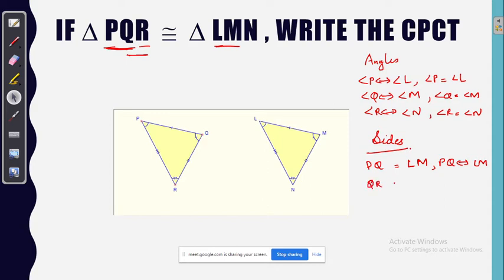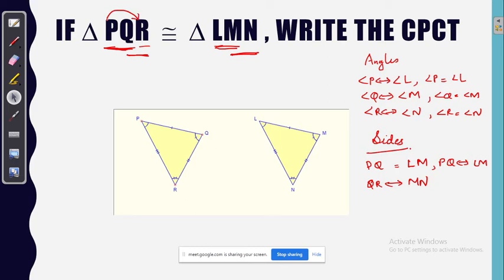Yeah, QR corresponds to MN. So, here triangle PQR, we look at the order. If the two triangles are congruent, we look at the order and we can just say the corresponding parts. So PQ corresponds to LM, QR corresponds to MN.